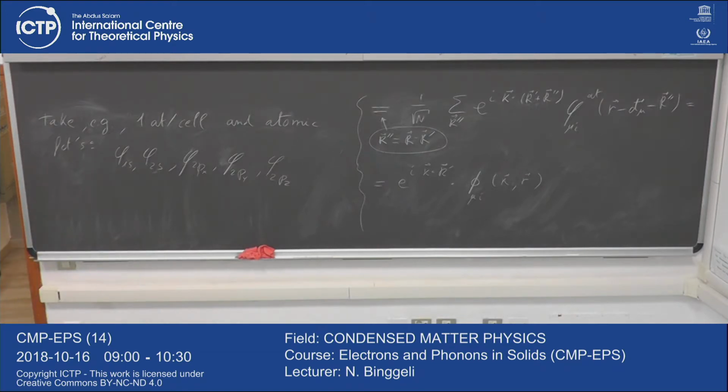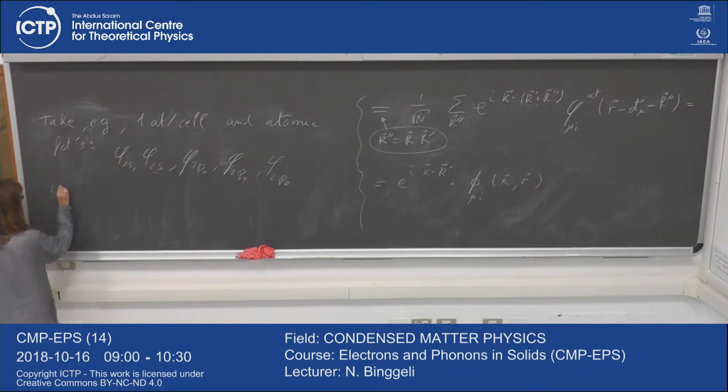So I consider these 5 atomic orbitals. For instance, I would have a carbon atom, and I consider the 1s, 2s, and the 2p states of carbon.